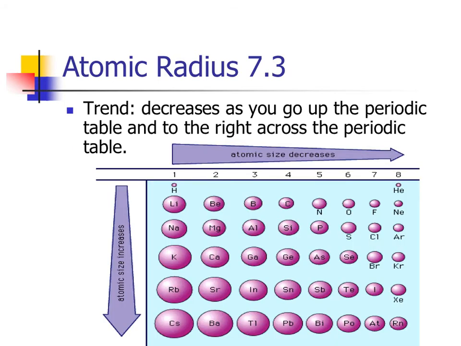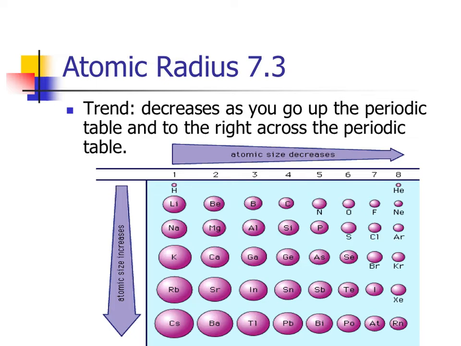So here's just a look at the trend of the atomic radius. It's not a full periodic table, it's just the main group elements, and when we look at a lot of these trends, we're only going to worry about the main group elements. As we go down the periodic table, we can see that the atomic radius is getting bigger.